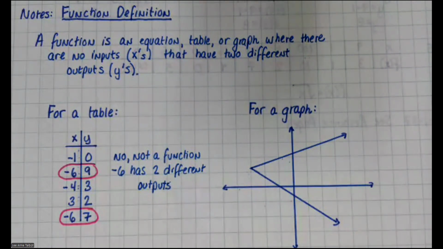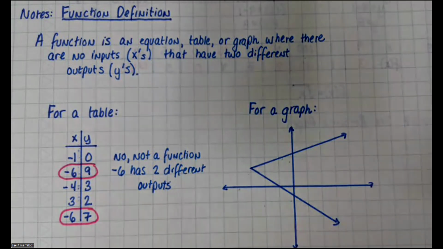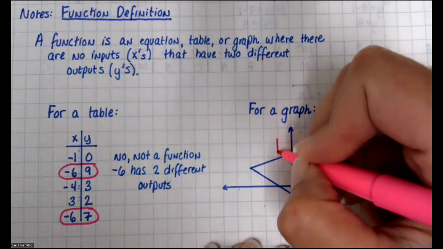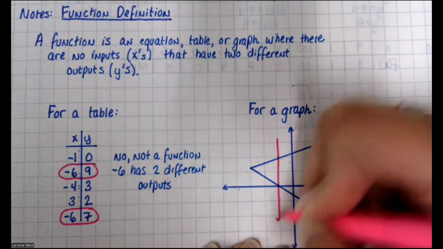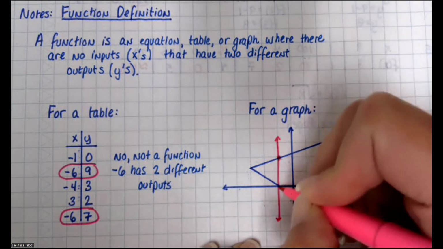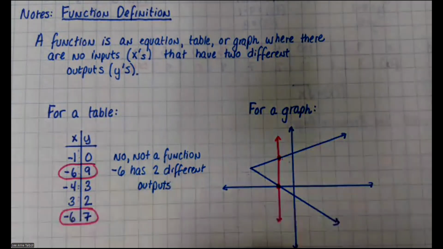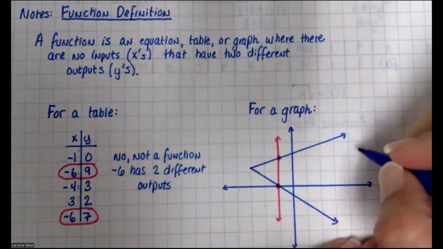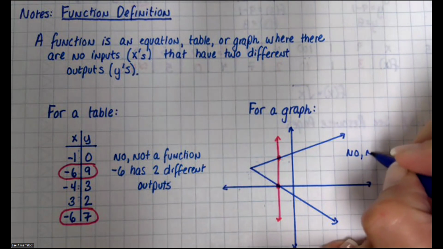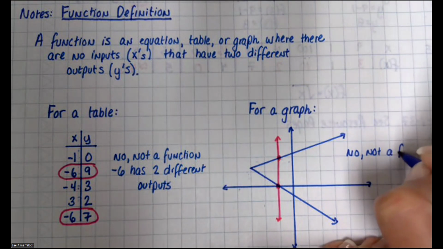If you have a graph, you're going to draw lines on it for the vertical line test. You can see this one's going to fail, just pick a spot where it will fail. And you'll say, no, not a function.